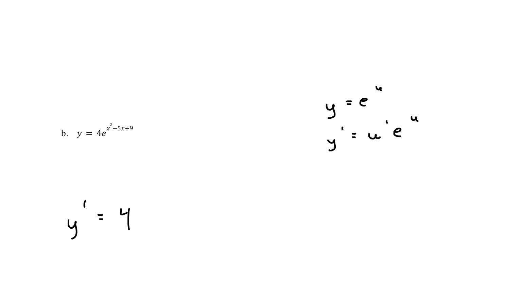So we're going to have 4 times, first we need u prime, so we need the derivative of our power. So that's going to be 2x minus 5. And then we multiply u prime by e to the u. So e to the x squared minus 5x plus 9 power.